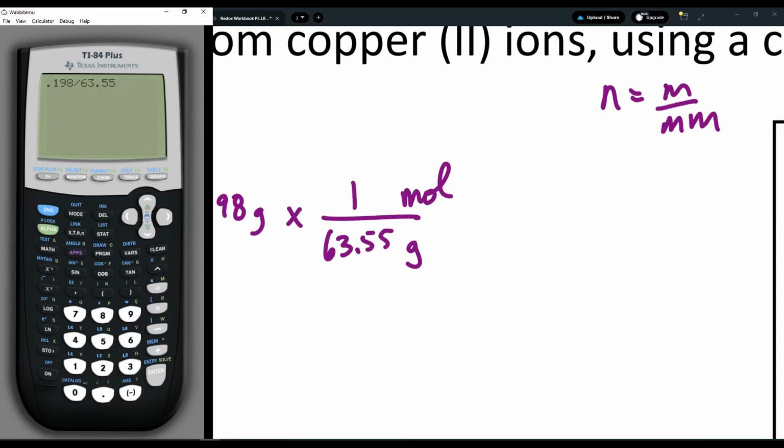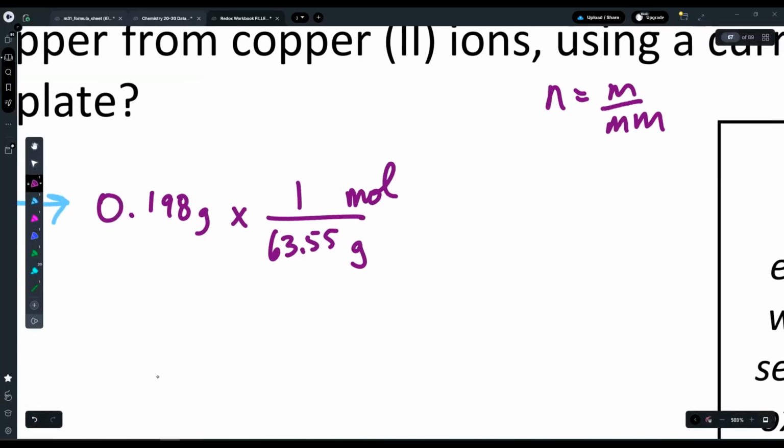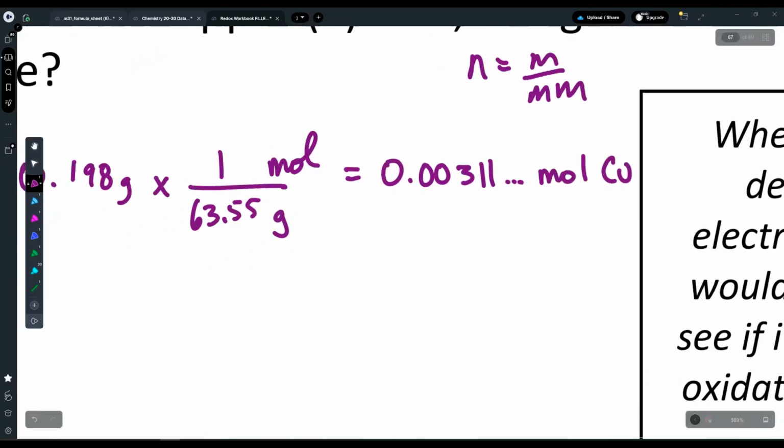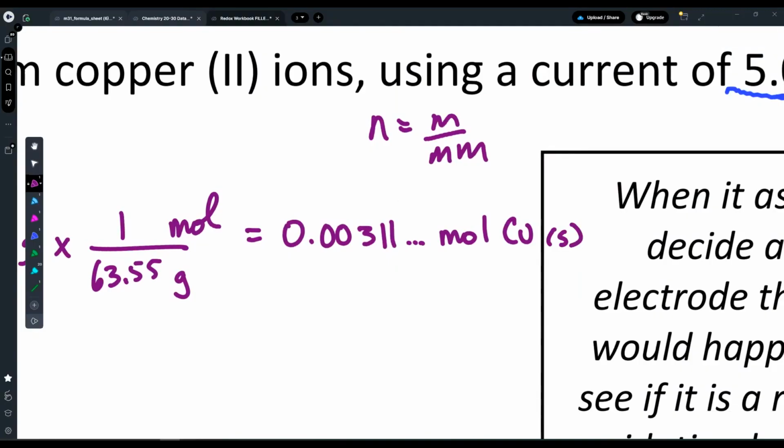I'm not going to bother to go times 1 and then divide by 63.55 because multiplying a number by 1 isn't going to change it. Okay, so we get 0.00311, goes on forever. So that's moles of copper solid.